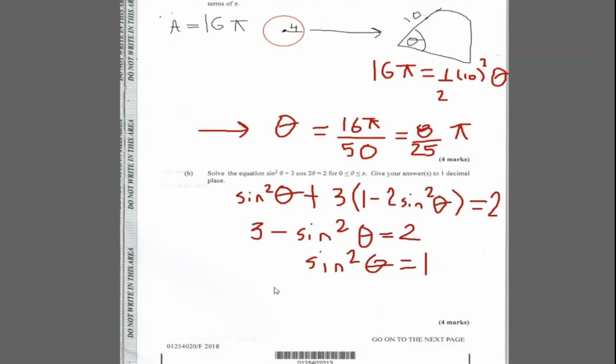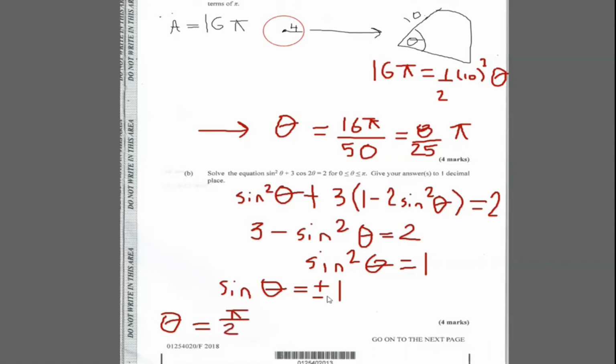If sine square theta is 1, then that means the sine of theta is equal to plus or minus 1. If the sine of theta is equal to plus or minus 1, then theta is going to equal sine inverse of 1, which is pi by 2, and sine inverse of minus 1.